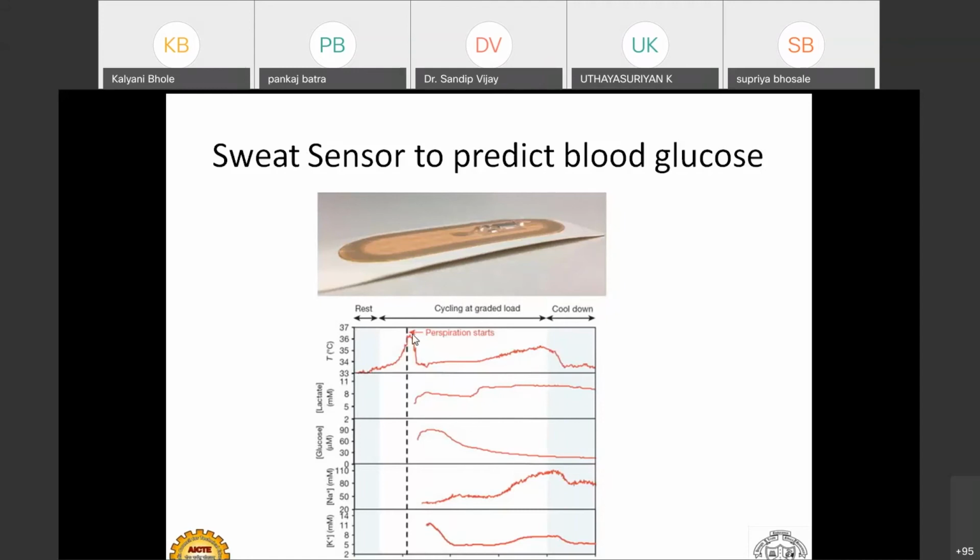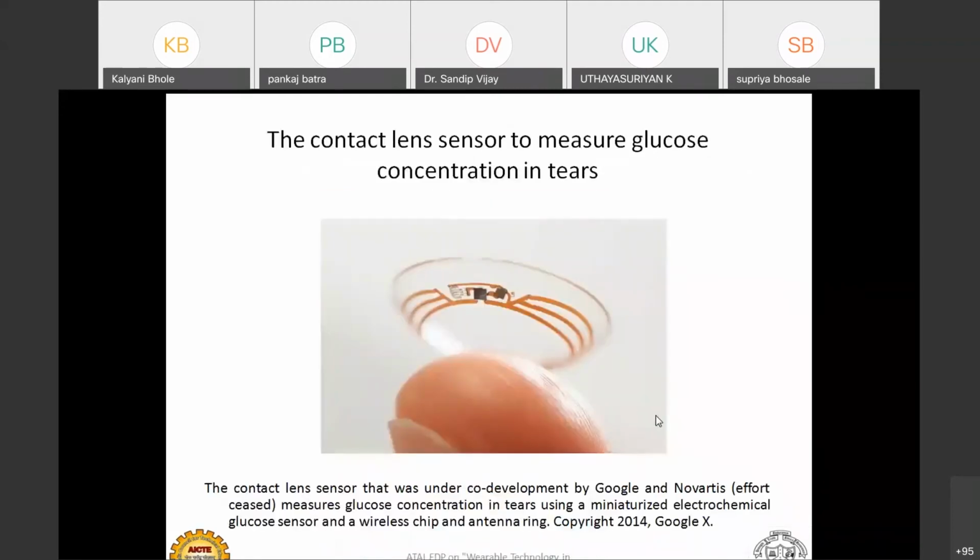Another example is tears. Measuring the tear fluid also gives you information about blood glucose, or you can even predict the blood glucose. This effort was made by Google and Novartis. It is co-developed by Google and Novartis, and it is a contactless sensor.